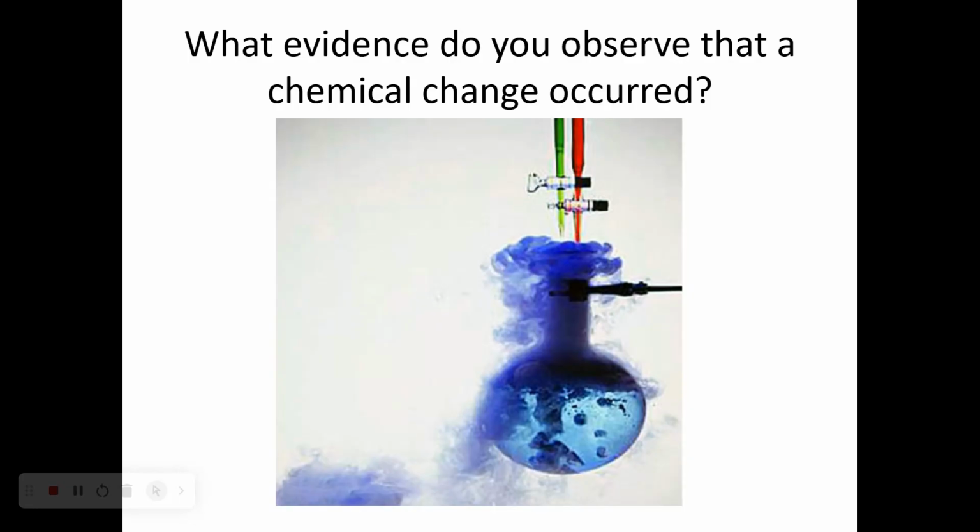That's a sign of chemical change. That's probably it. I don't see precipitate forming. We could feel the flask to see if it's getting hot. That would be another sign, but we can't see that from the picture. So those are the signs that we can see from here.